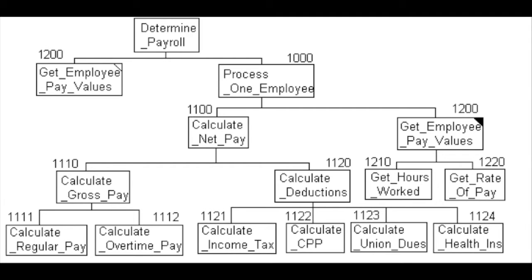Luckily in this case, it's pretty easy, because your gross pay is going to be equal to your regular pay plus your overtime pay. So to recompose, we add up the results of calculate regular pay and calculate overtime pay, and that's going to be the result of calculate gross pay. That's just a small example of how to recompose.